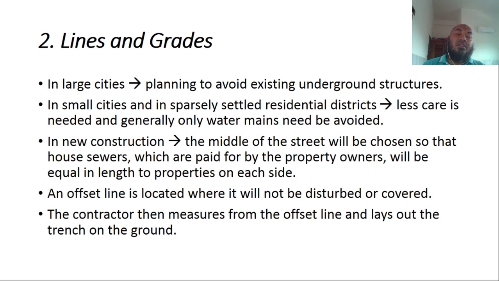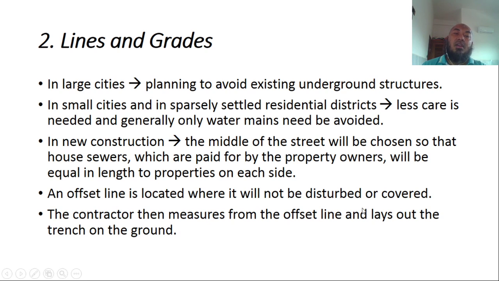In a new construction, the middle of the street will be chosen so that the house sewers, which are paid for by the property owner, will be equal in length for property on each side.